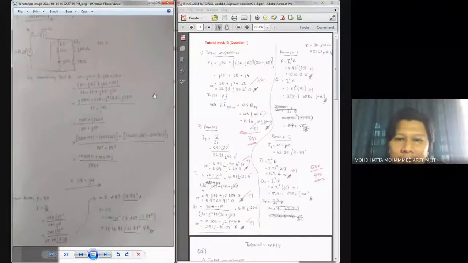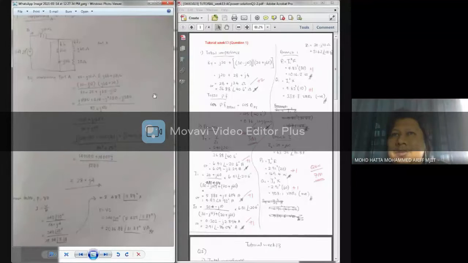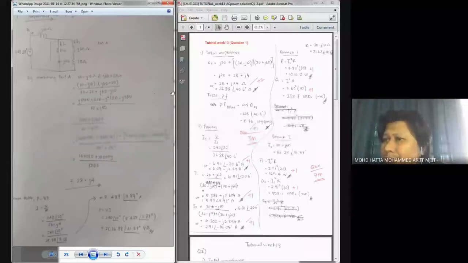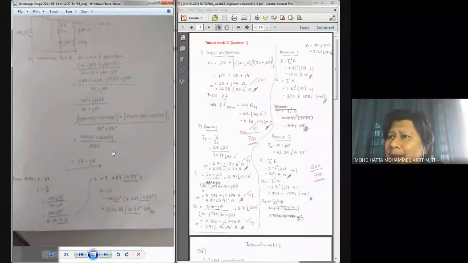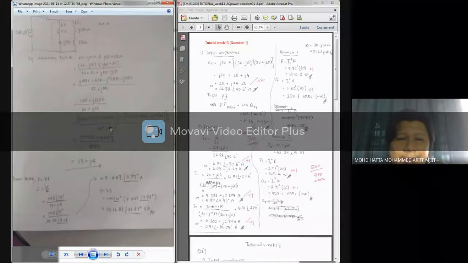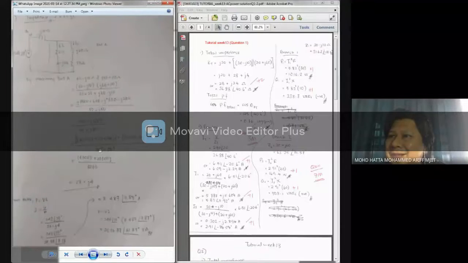So you don't need to convert from its original inductor value and use frequency to get XL. Same goes to XC, using frequency to get XC.